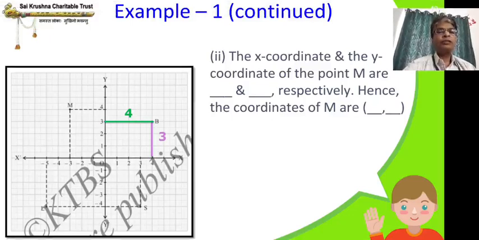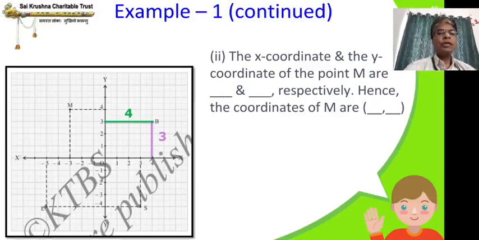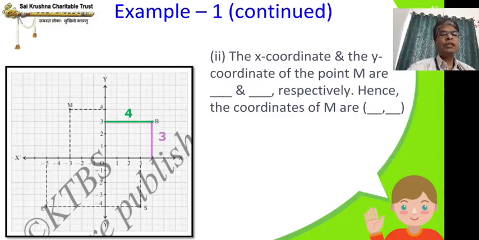First, you have to identify the coordinate location of M and then write the coordinates in the way it is supposed to be written, as we saw in the previous part. So, I am going to give you a few seconds. First pause the video and note down in your notebook the fill in the blanks, both the dash at the top and the 2 dashes at the bottom, and then we will see the answer.